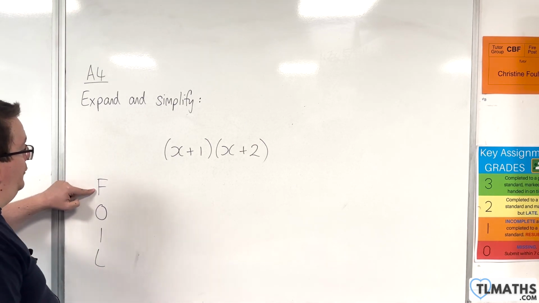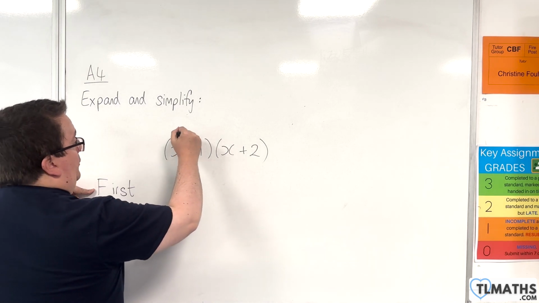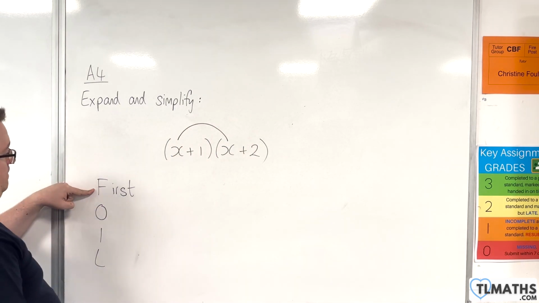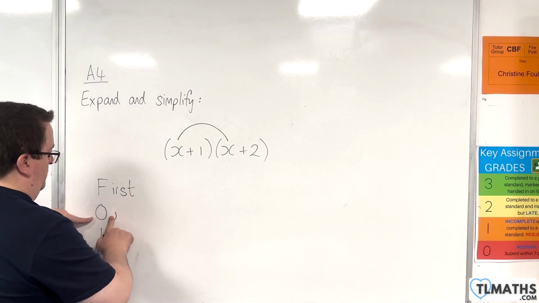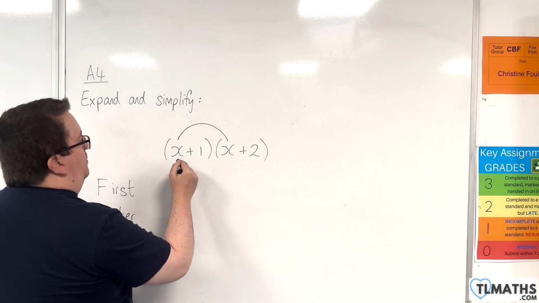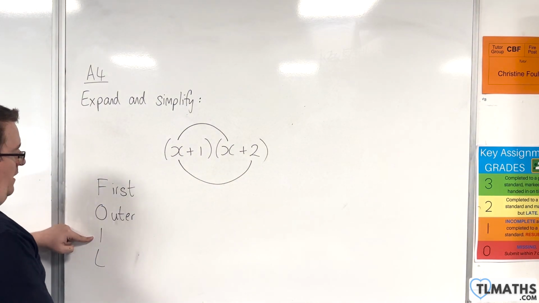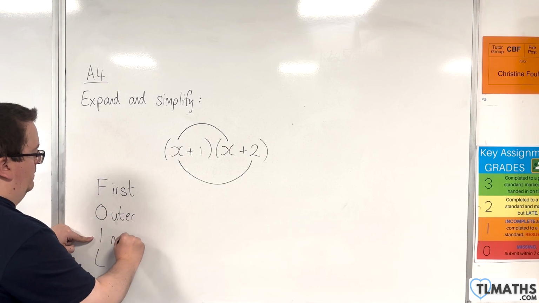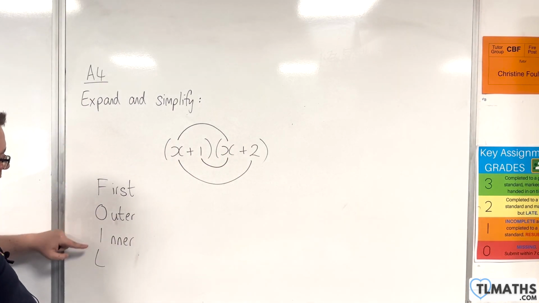So this stands for first, so that means the x multiplies with the x. You've got the O, which stands for outer, so the x multiplying with the 2. You've got the I standing for inner, so the 1 multiplies with the x.